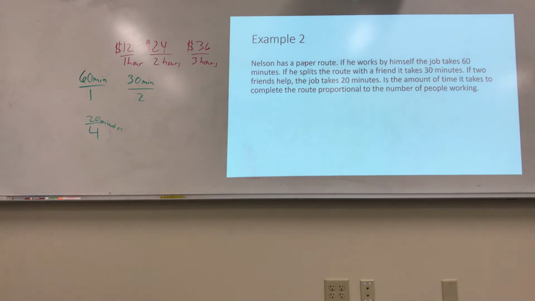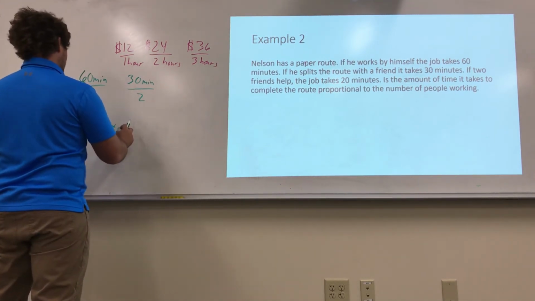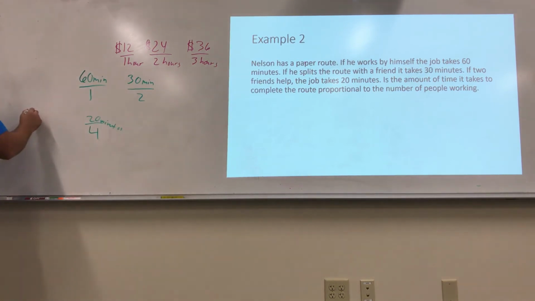Now we have to think of how we can make these comparable so we can see if they're proportional. This one is about 60 to 1. A job that took 60 minutes, if it's proportional, would be 4 to 1.